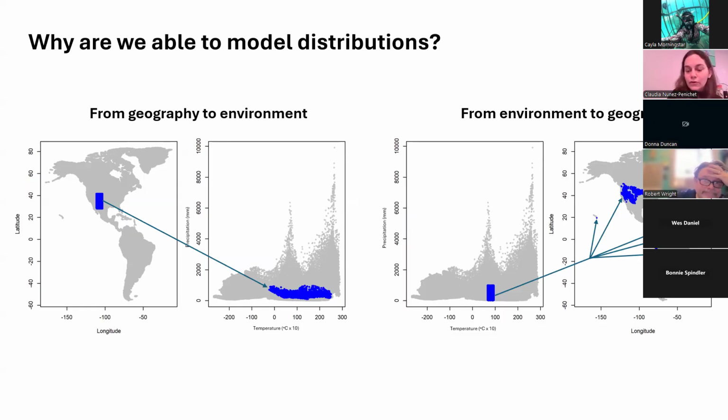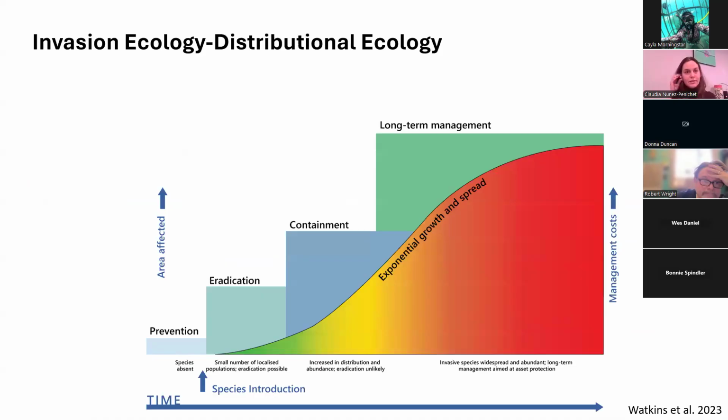I also want to mention that these distributional ecology questions integrate very well with invasion ecology. Here we have the invasion curve represented, with time of invasion on the x-axis and area affected on the y-axis, and we have different measures: prevention, eradication, containment, and long-term management.